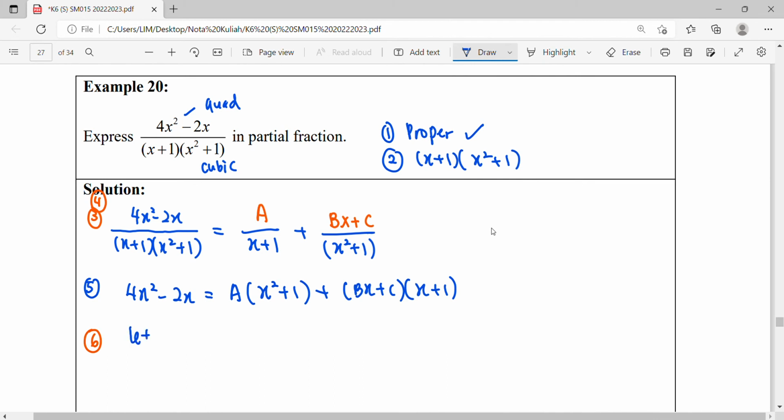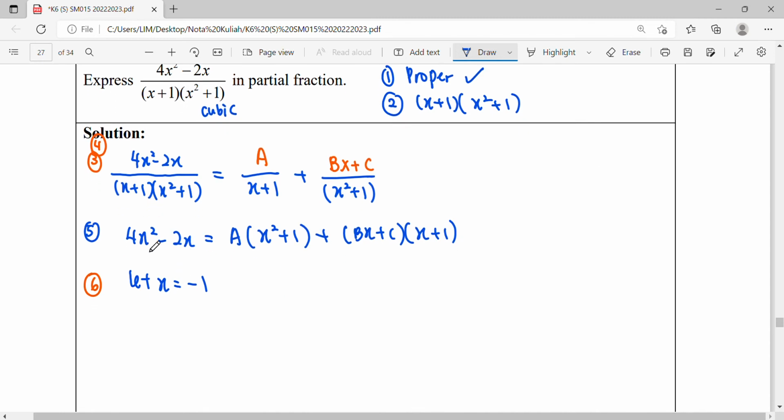So let x equal to, we can get it from the factor here. So x plus 1, I can let x equal to negative 1. Substitute into the equation. It will give us 6. Here, negative 1 squared is 1, 1 plus 1 is 2.